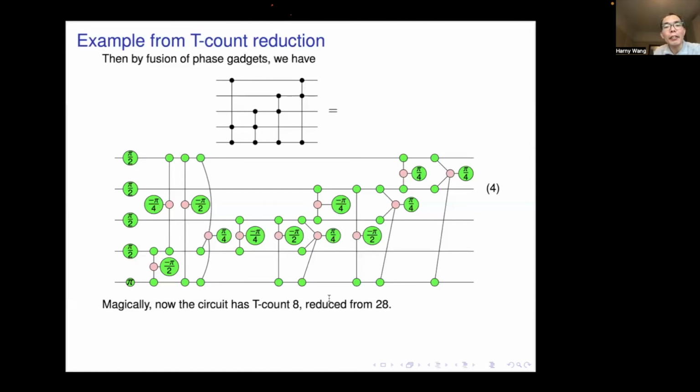So now the T count is 8. So it's reduced from 28 to 8. By this technique, using ZX rewriting, we already reduced the T count from 28 to 8. That's a kind of magic.